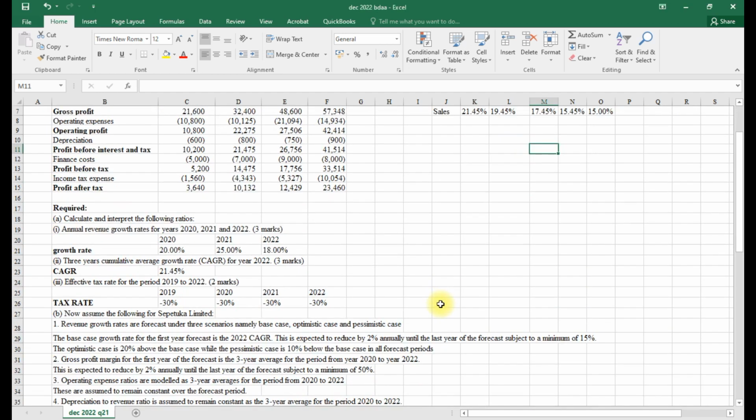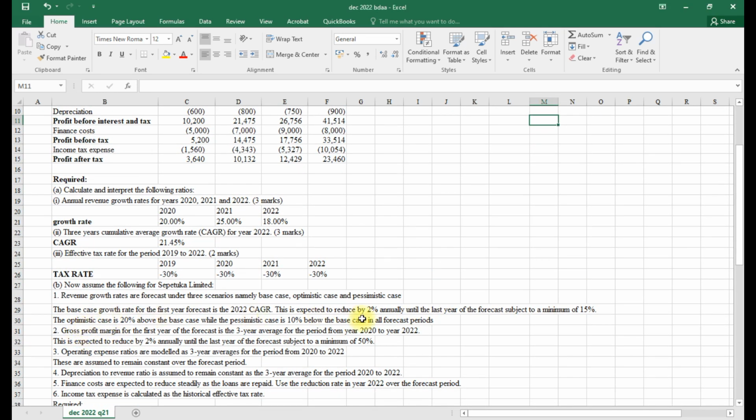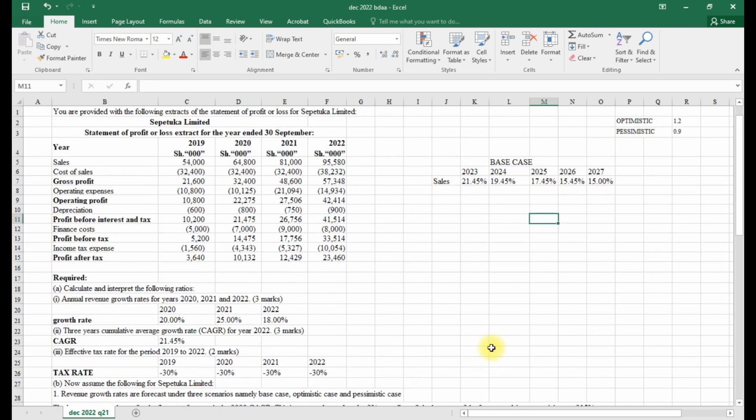Okay, that way. So when you continue to the second thing, you're done with note 1. So point 2, it talks about the gross profit margin for the first year of the forecast is a 3-year average for the period from 2020 to 2022. Yeah, 3-year average, whereby I will calculate it here for 2020, 2021 and 2022. So GP, gross profit.